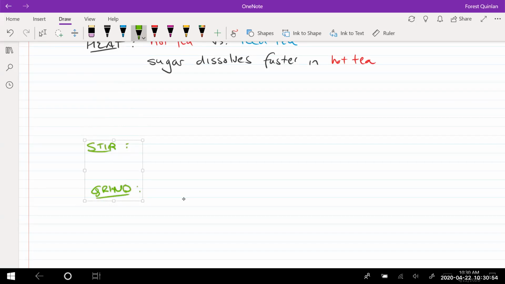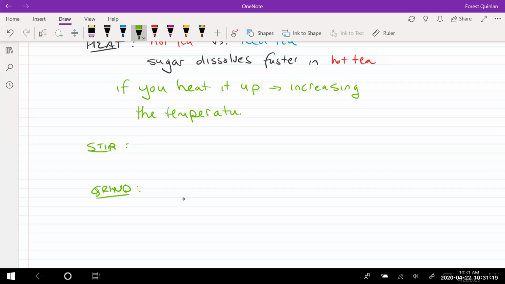Remember, if you heat it up, you're increasing the temperature. Now, if I'm increasing the temperature, what am I really increasing? The kinetic energy.